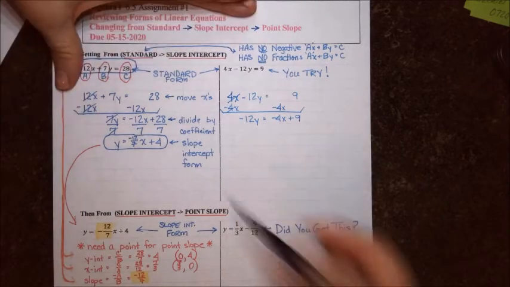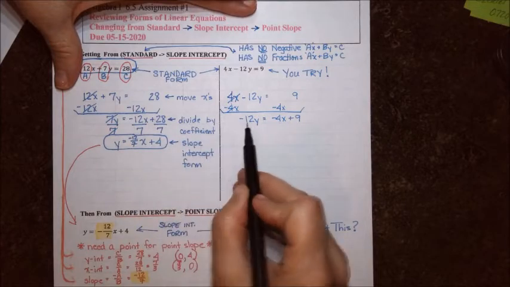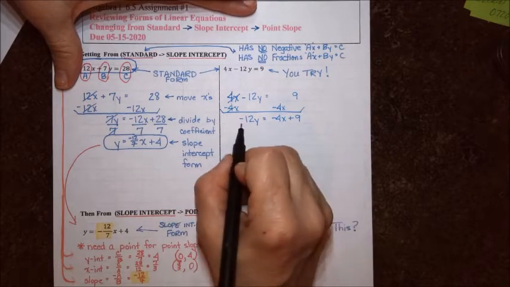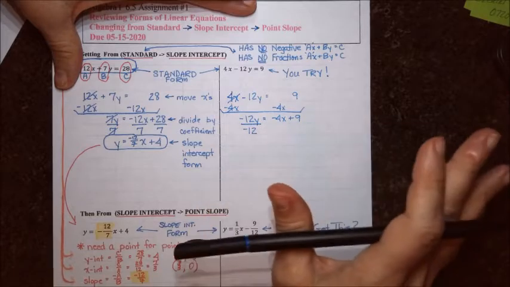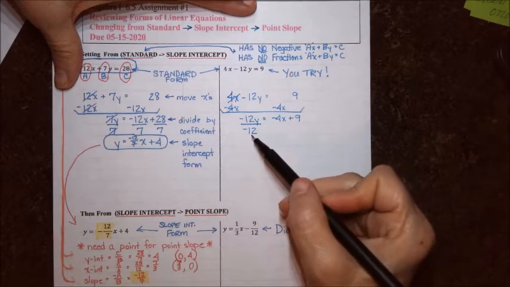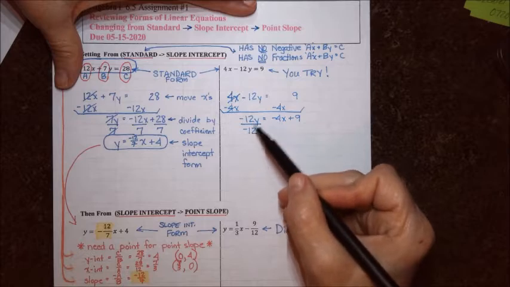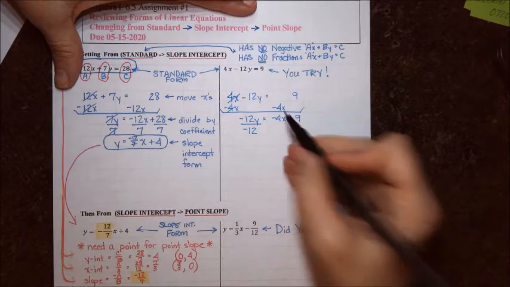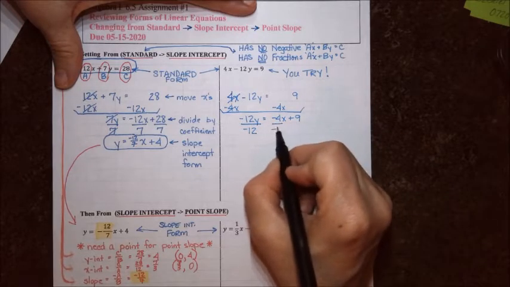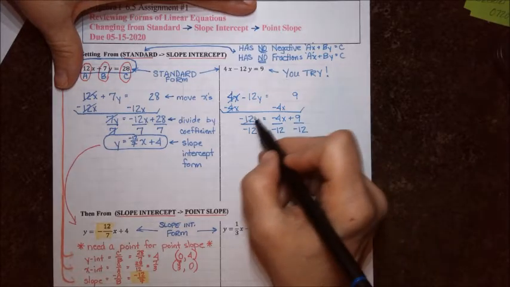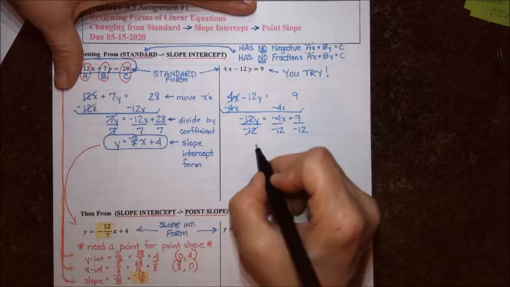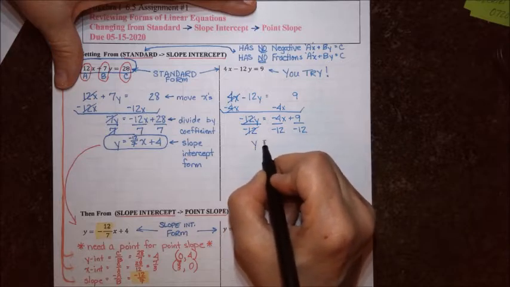What's the next step? Well, if we look at our steps, we've got to get rid of this coefficient of negative 12. We want to get that y positive, so a negative divided by a negative leaves me with a positive 1 times y. Well, that just means y, right? So I'm going to divide everything by that negative 12 and simplify where I can, right?